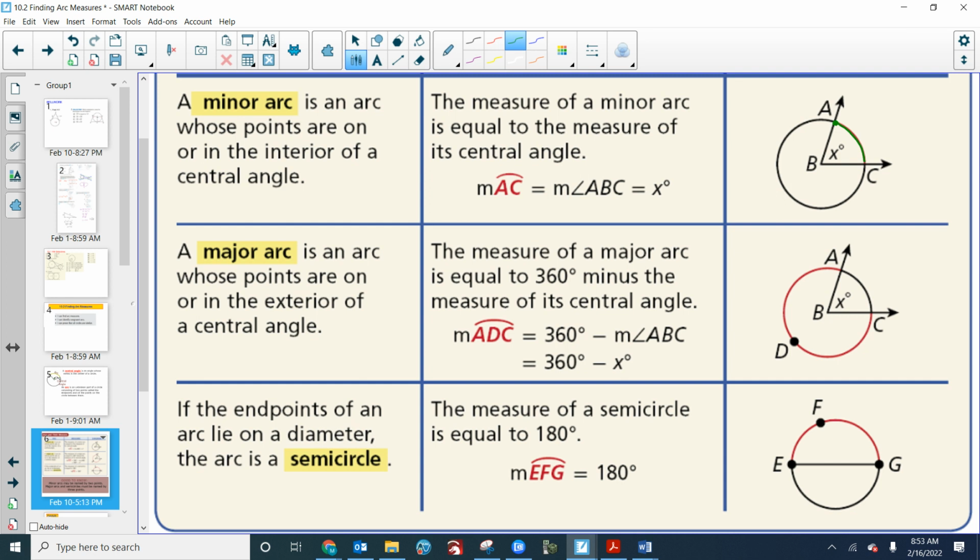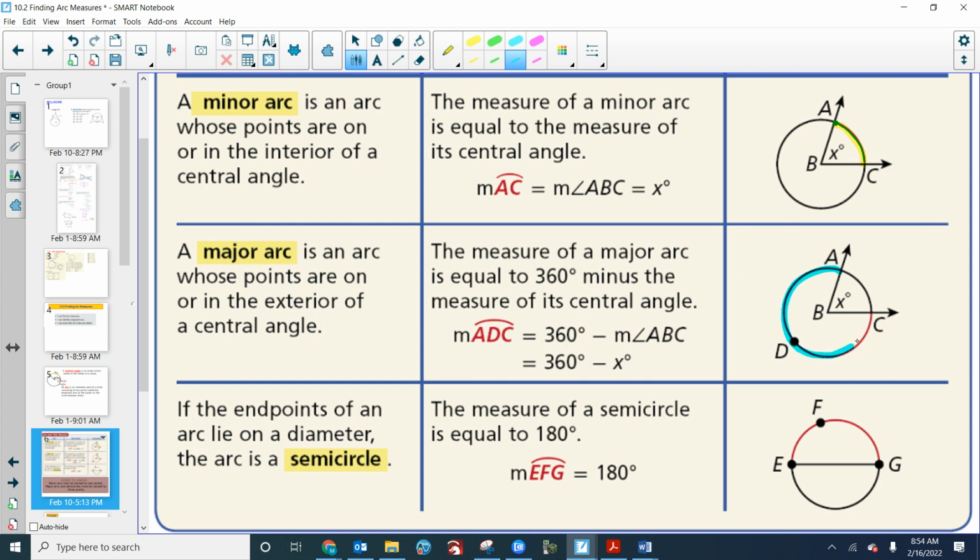A major arc is an arc whose points are on or in the exterior of the central angle. So everything outside of it. So I'm going to highlight these for you because it might be hard to see. This was the minor arc. This is the major arc.